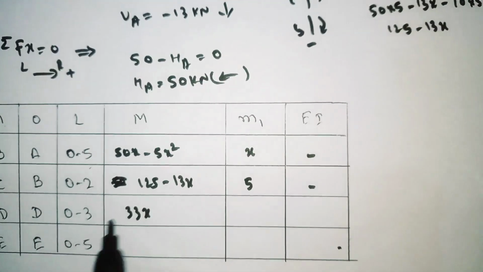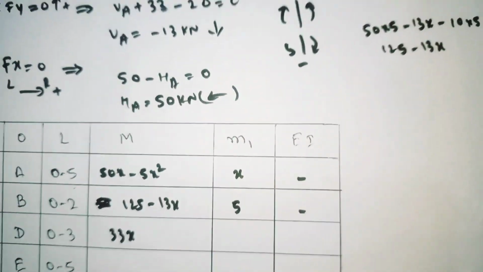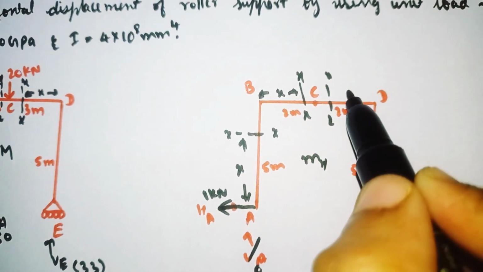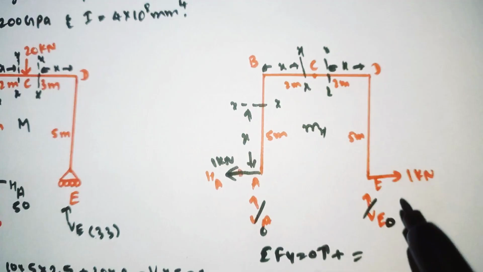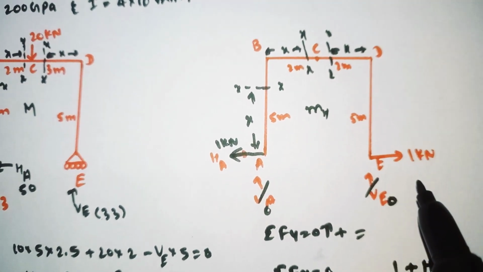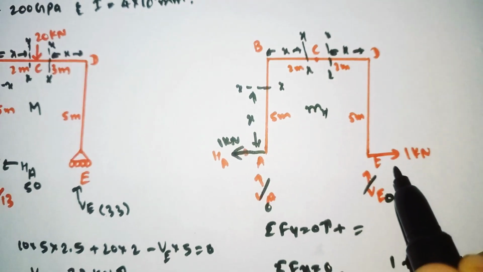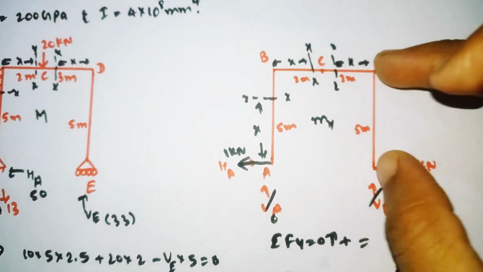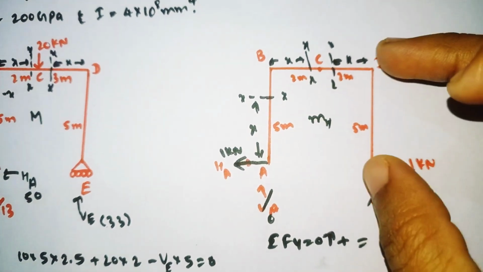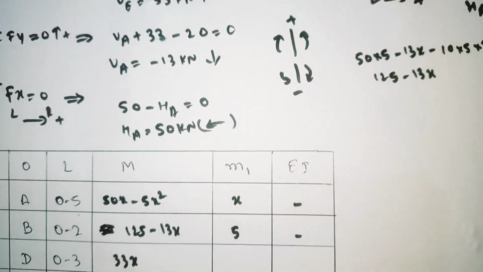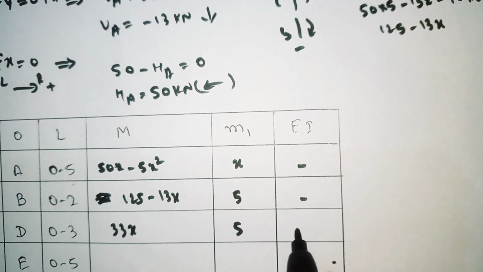So CDM becomes 33x. If you cut the section at a distance of x from the origin D, here 1 kilonewton is moving upward. At what distance from this section it is moving, we need to see the perpendicular distance. For 1 kilonewton, this is the perpendicular, so 1 into 5, the perpendicular distance is 5 meters. So 1 into 5 will be 5. Write it here.